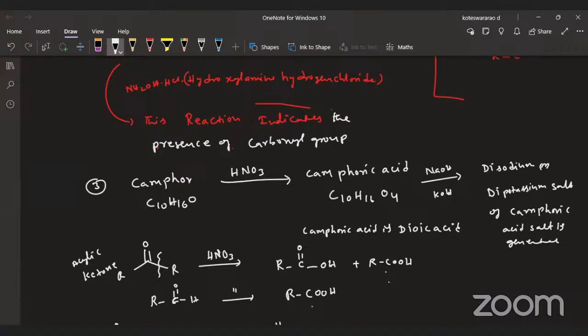The formation of dioic acid indicates that the ketone exists in the form of a cyclic ketone.